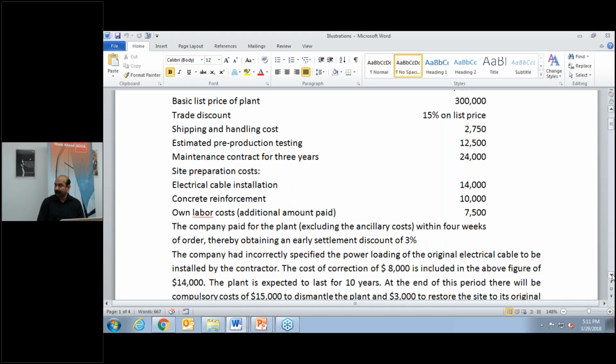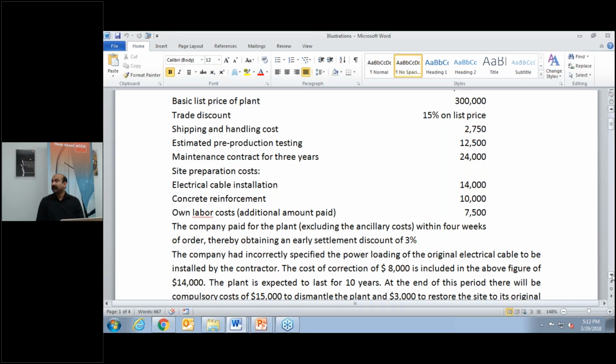This is incremental. I am telling you, this is not an apportionment of their existing salary. This is the additional amount which we have paid. The company paid for the plant, excluding the ancillary cost, within 4 weeks of order, thereby obtaining an early settlement discount. Interesting.